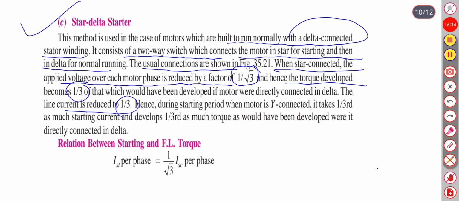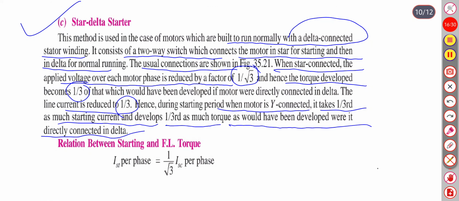Hence during the starting period, when the motor is star connected, it takes 1/3 as much starting current and develops 1/3 as much torque as would have been developed when it is directly connected in delta. So the relation between the starting and full load torque, as we have seen, I starting is 1 by root 3 of I SC per phase.